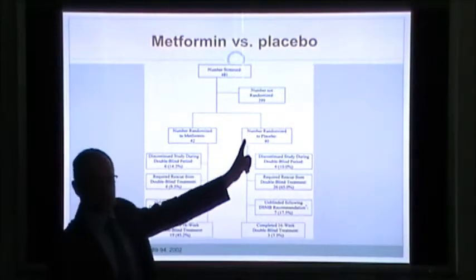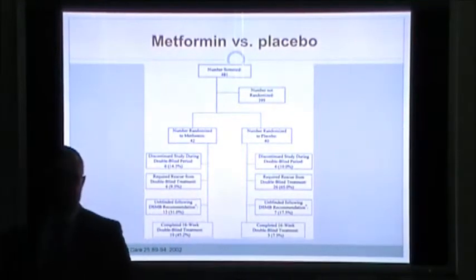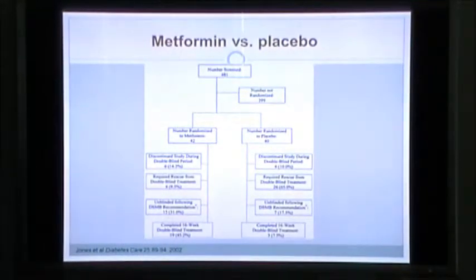And in the placebo arm, 3 patients completed this trial. Based on this, the FDA approved Metformin for use in children with type 2 diabetes. Probably one of the least impressive registration trials ever done. So that's the evidence base for the use of Metformin in children. Now, it actually is a good drug. I don't mean to say it isn't, but this is the evidence base that we're dealing with.